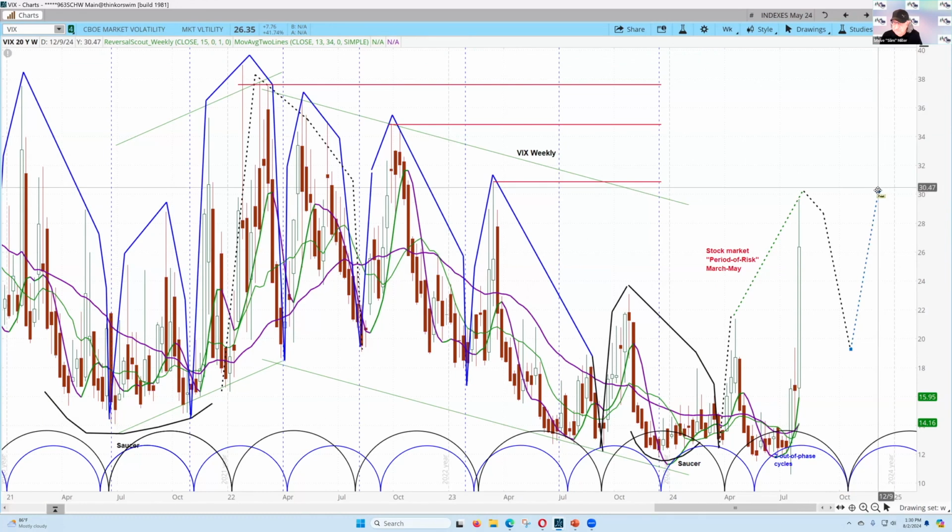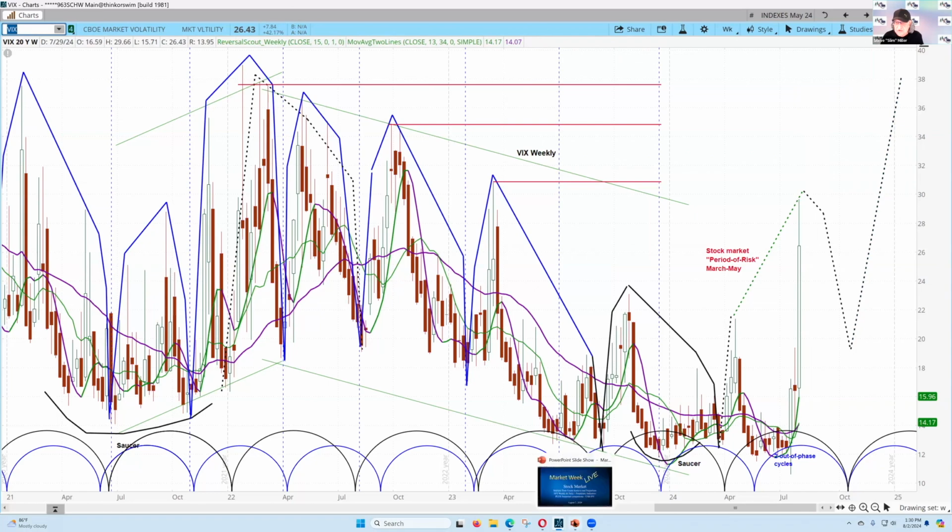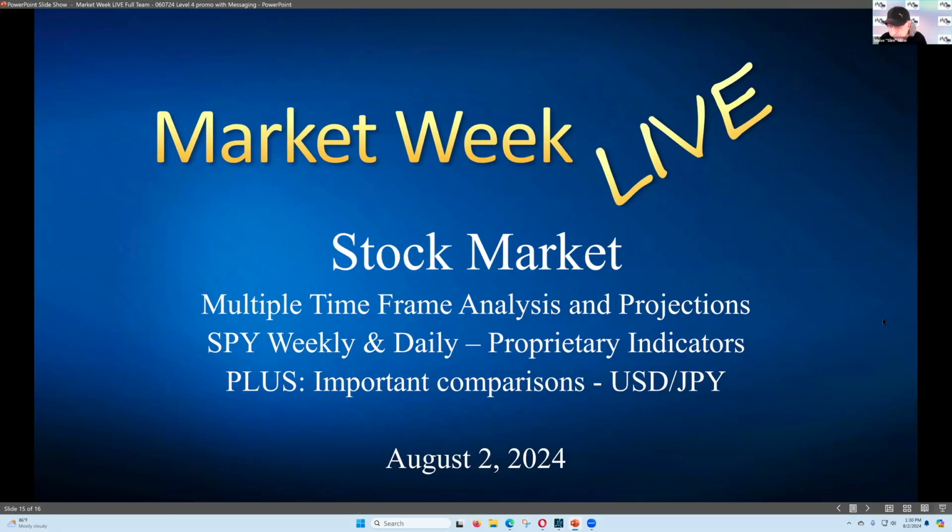You could get in this period out over here into this October, November, 40, 50, 60s in the VIX out over there. So likely to get some period in here where the market has a stock market bounce and the VIX pulls down, but then it is very likely to be moving to the upside again. So that is a look at the stock market and the relationship to the US dollar and JPY.